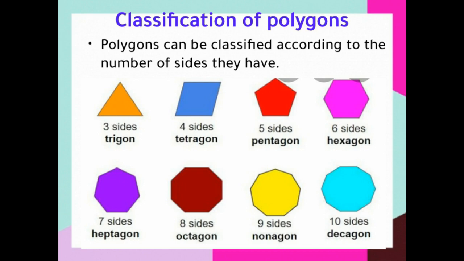A polygon having 5 sides is called pentagon. A polygon having 6 sides is called hexagon. Next, a polygon having 7 sides is called heptagon. A polygon having 8 sides is called octagon. A polygon having 9 sides is called nonagon. A polygon having 10 sides is called decagon.